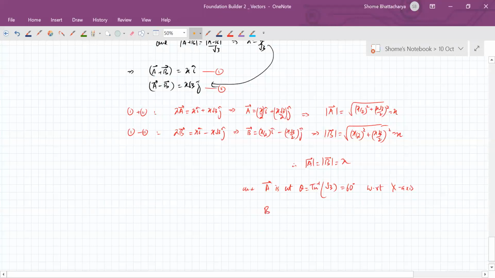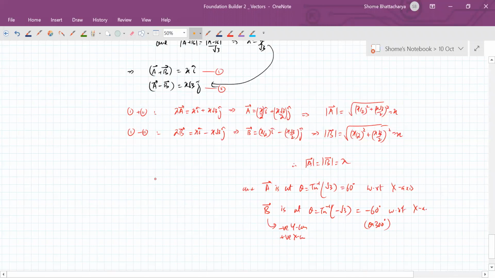And the vector B, now this has a negative y component and a positive x component. So it is at theta equal to tan inverse minus root 3, that means minus 60 degrees or 300 degrees with respect to x axis.